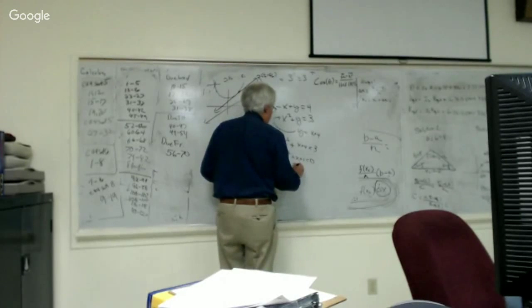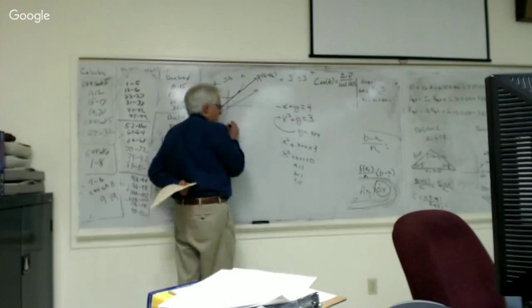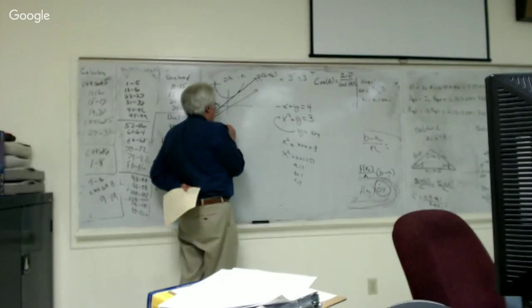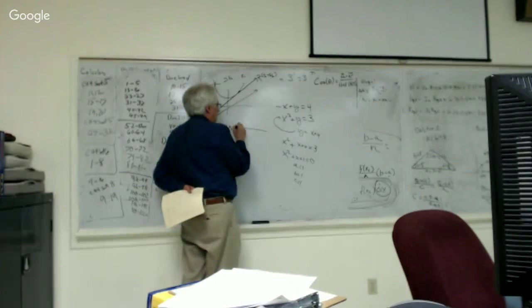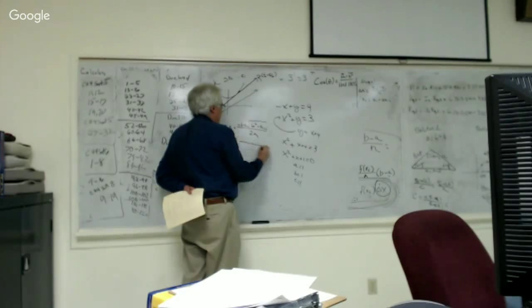And now I have what? a equals 1, b equals 1, c equals 1. So now the solutions x1, x2 are equal to what, Davis? The quadratic formula: negative b plus or minus the square root of b squared minus 4ac, over 2a. Yes. When I put the numbers in, what do I get? -1 plus or minus the square root of 1 minus 4, over 2.